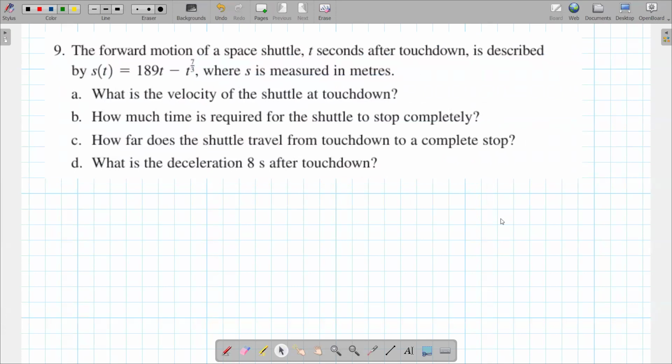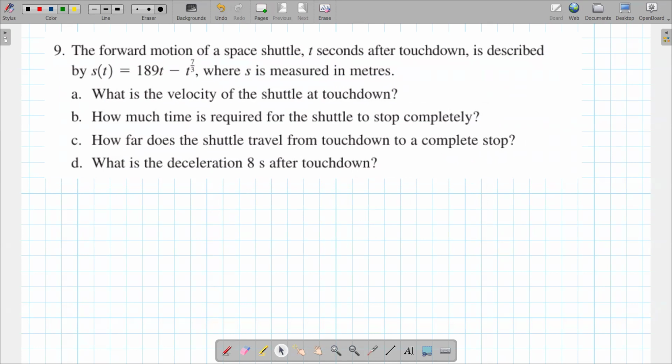We're given a function. How would you describe this function? Is it a polynomial? No, it's a root function because you have the 7th root of 3 x cubed.